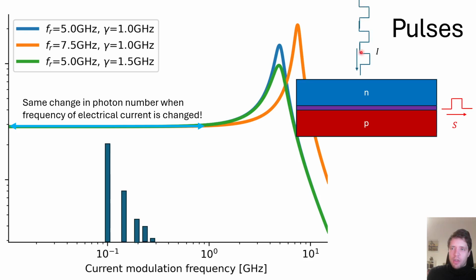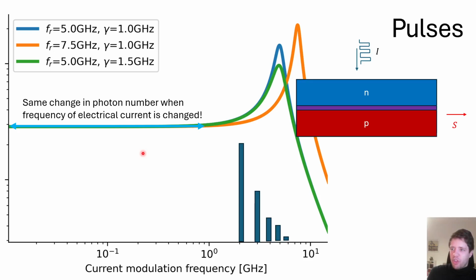So whatever pulse train you're sending in here is going to be mapped completely into optical variations, as long as you're in the low frequency regime, like so. But this of course changes if you send in a pulse train with higher harmonics that are closer to these resonances here, because in that case you might get a distorted pulse coming out, since some of these harmonics will be amplified by the diode responding much more strongly to those variations.